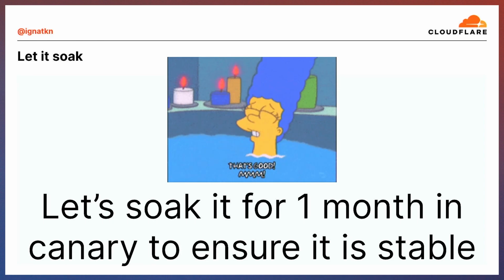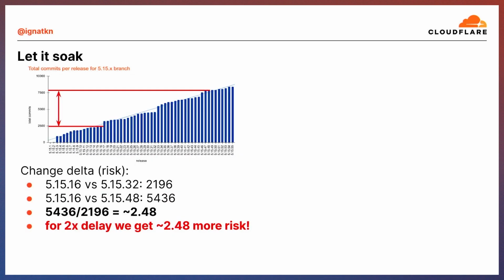Some would say, well, yes, we can do these releases, but let's have this procedure. Let's soak it in Canary for 1 month to ensure the kernel is stable, right? Before rolling it out everywhere. But remember this graph. The more we soak, the more we wait, the more we accumulate delta change, and the more we accumulate, the more risk we have, which grows actually faster than we wait.